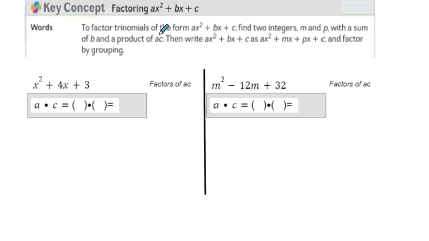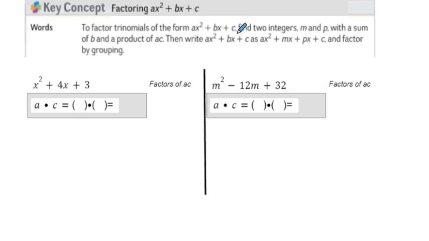All right, so we've got this thing here for your reference. It says to factor trinomials of this form, which we wrote down, find two integers m and p with a sum of b and a product of a times c. All right, so it's kind of all these letters. It's a little confusing.